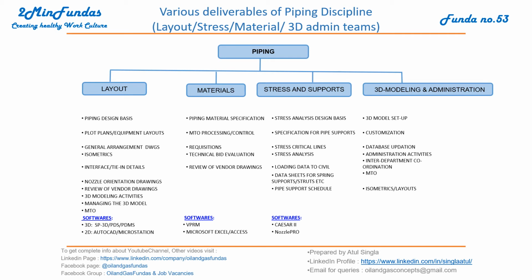Database updation: all the catalogs given by the material team, they have to update in the database. Administration activities, inter-department coordination, material takeoff, isometric and layout. The admin team is involved at each and every step of the project. So these are the various roles and responsibilities, and we are majorly focusing on the deliverables which each and every sub-department has to perform.